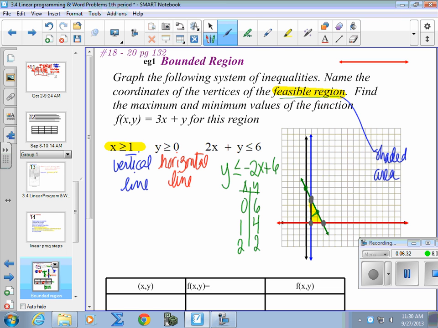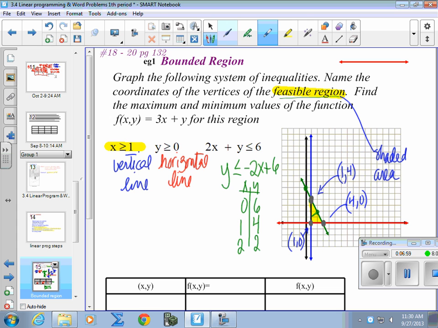So what is this point right here? It is 1 and 4, right? And this point here would be 1 and 0. And then we have 4 and 0. Everybody okay with that?